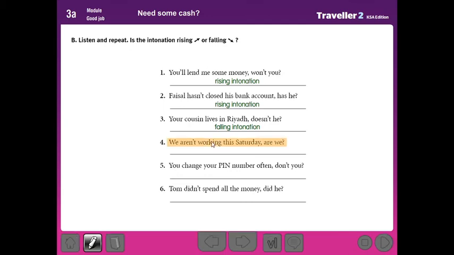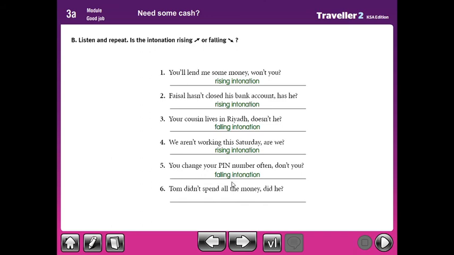We aren't working this Saturday, are we? Falling. Number 5. You change your PIN number often, don't you? Tom didn't spend all the money, did he? Rising intonation.